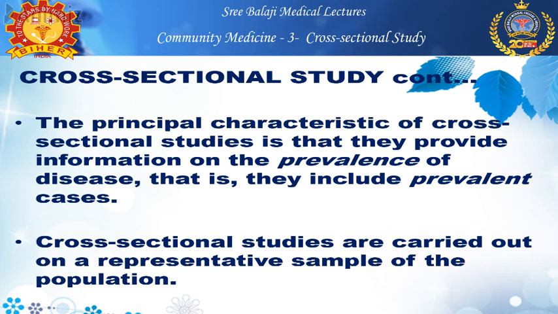We take a slice of the apple, eat it, and if we find the slice to be sweet enough, we will come to a reasonable conclusion that the entire apple would be sweet in taste. Similarly, from a community of people, we take a sample of the population, we ask them questions, derive data, analyze it, and whatever the data we are getting, the results we are extrapolating to the reference population itself.